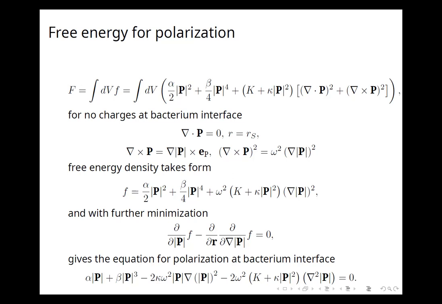And by minimizing this free energy, we have the equation which describes exactly the polarization. But it should be noted that this polarization is only along the bacteria interface, at the interface itself, and we exclude here rotation by just this solution.